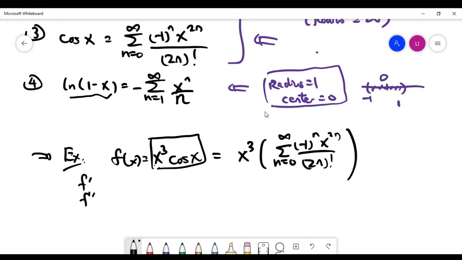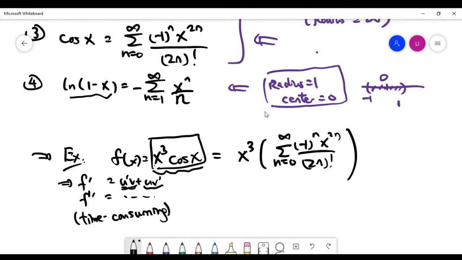For the first derivative, you need the product rule, which gives you two terms. And further, you are expected to use the product rule for each term inside f prime for f double prime. So in terms of getting derivatives, it's not impossible, but it is inefficient, because it's too time consuming to get all these derivatives done.